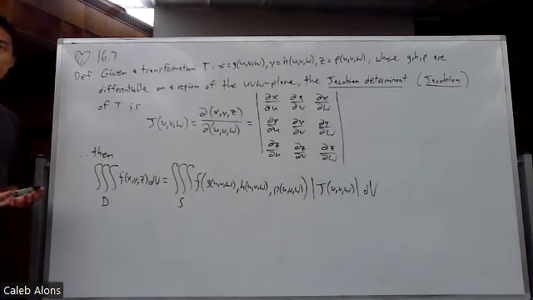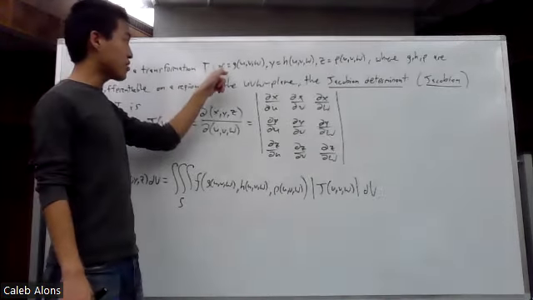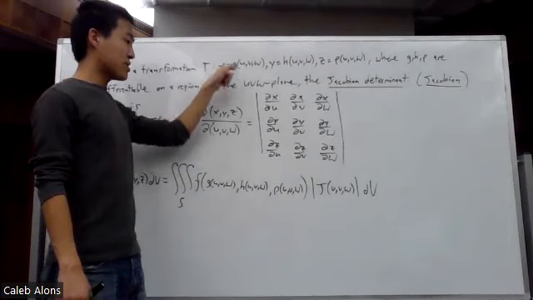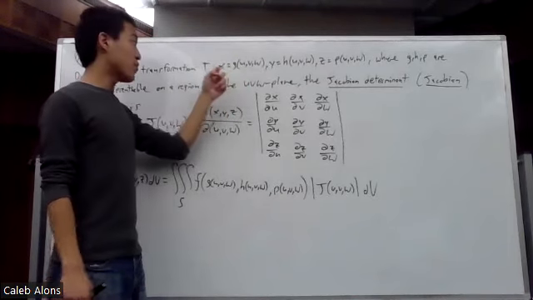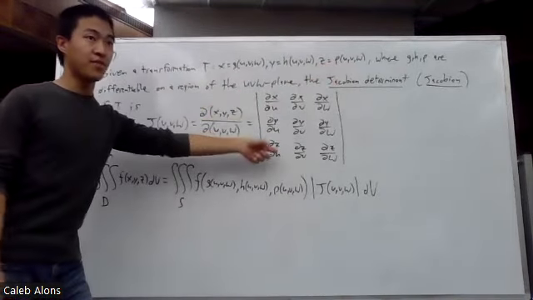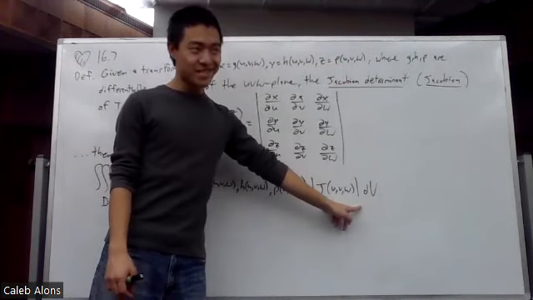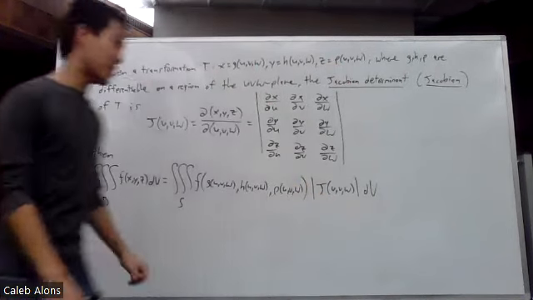The proof is showing that if you define a transformation that takes the rectangular coordinates into spherical coordinates, write down those transformation equations and actually go through the process of computing this Jacobian, you'll end up with rho squared sine phi, which is why we know that's what we multiply by.